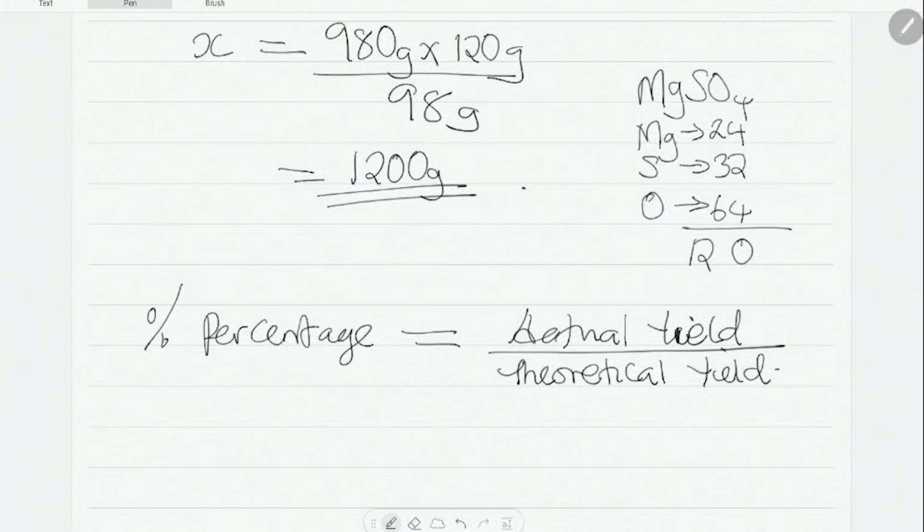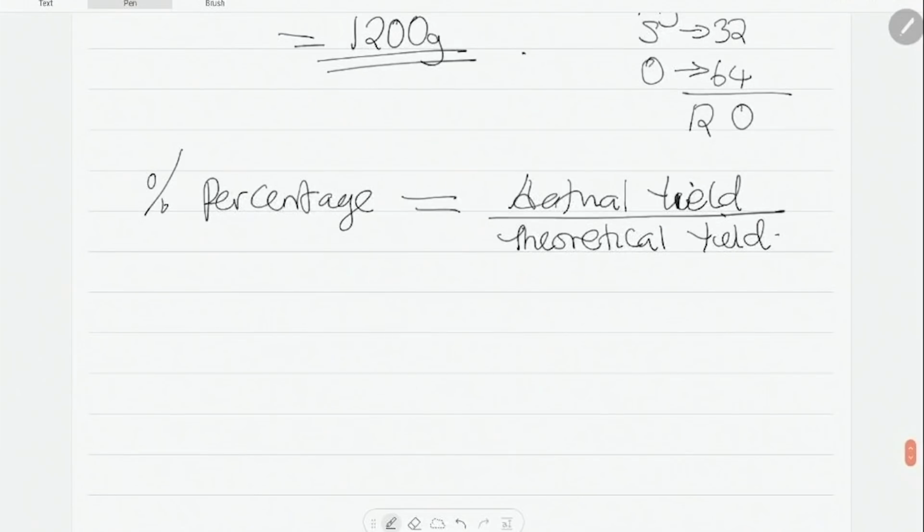Okay, so from the question, our actual yield, when you look at the question, which is C, 1,080 grams of magnesium sulfate was obtained at the end of the reaction. So after the reaction had taken place, what was obtained was 1,080 grams. So that was the actual yield.